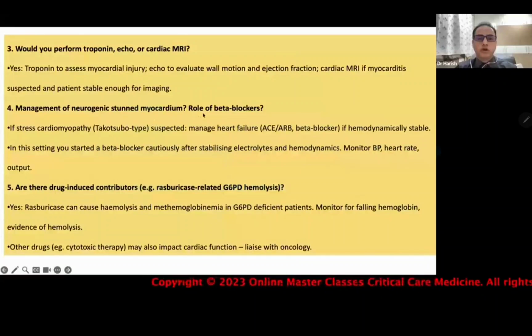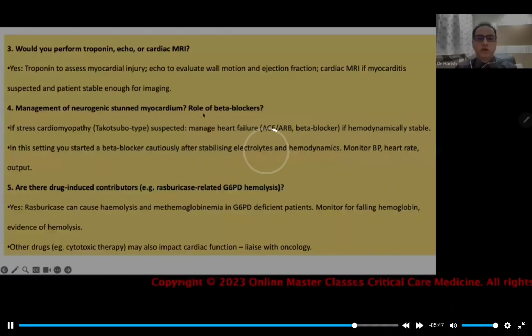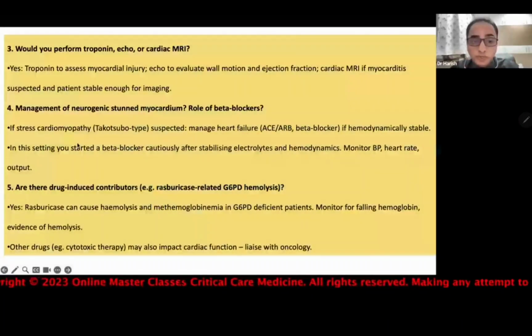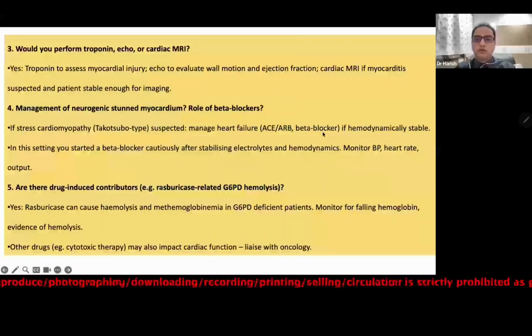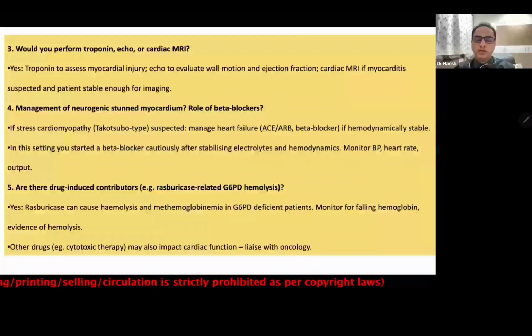If it is a stress cardiomyopathy, like Takotsubo cardiomyopathy, with neurogenic pulmonary edema, then we can go for ACE inhibitors, angiotensin receptor blockers or beta blockers. If hemodynamically stable, we need to monitor BP, heart rate and cardiac output thoroughly, with invasive monitoring if required.